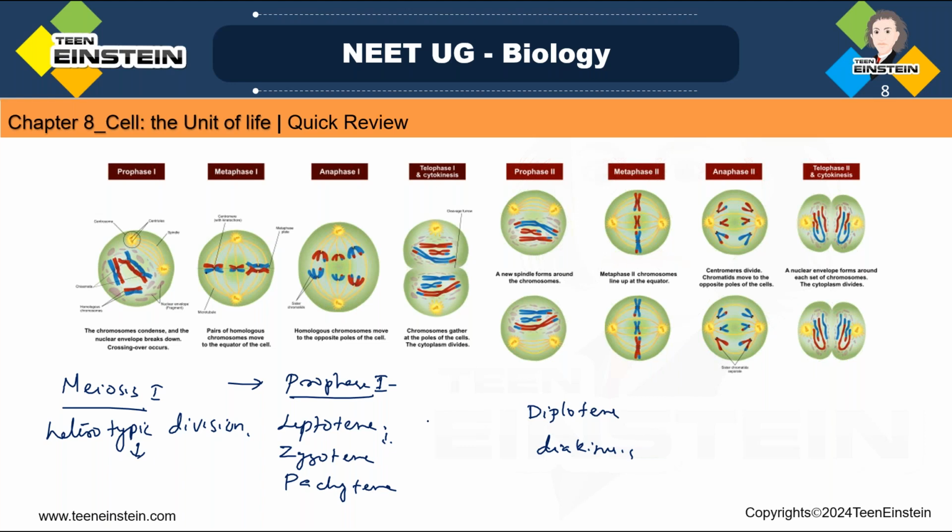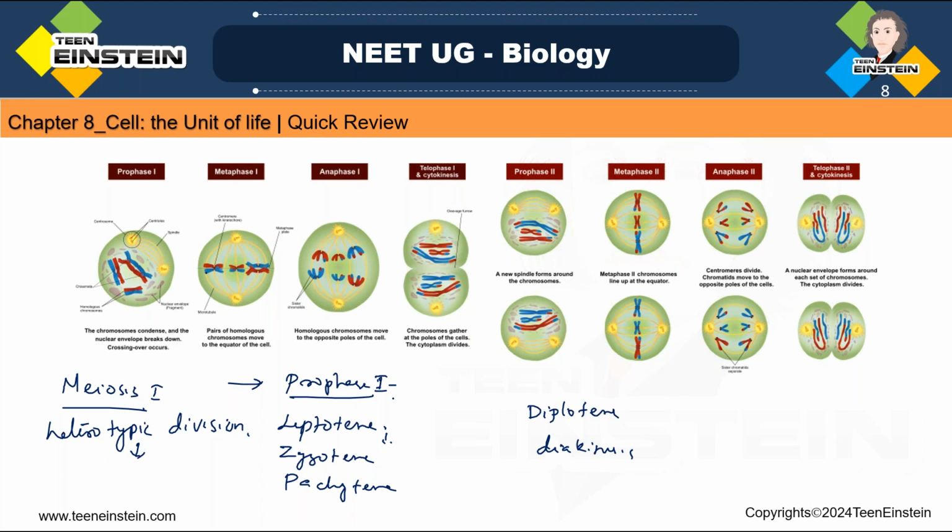In zygotene you can see the thickened chromosomes, paired homologous chromosomes, that means bivalent or tetrad forms.